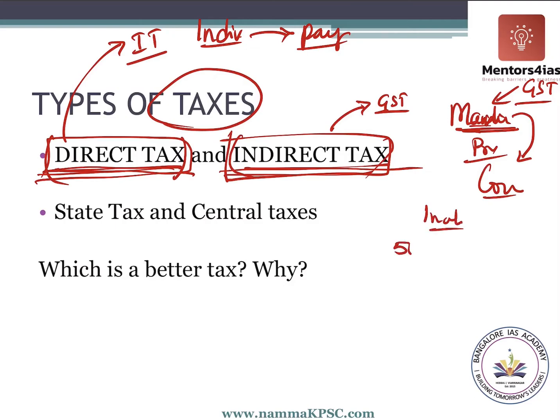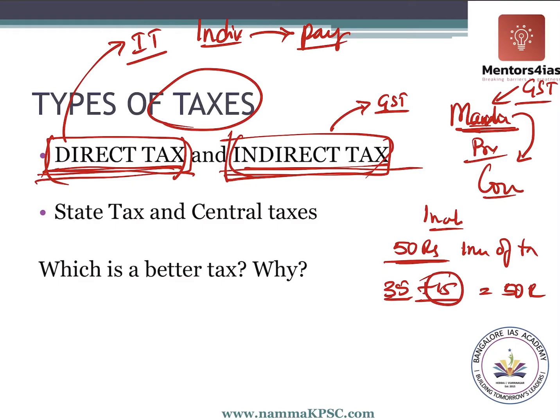Now if you are paying 50 rupees for the toothpaste, it says inclusive of taxes. That means the actual commodity might be say 35 rupees, the tax will be 15 rupees, so the total cost will be 50 rupees. So 15 rupees is the tax which actually will be collected from the manufacturer, but he will transfer that burden to the consumer. So that is indirect tax.